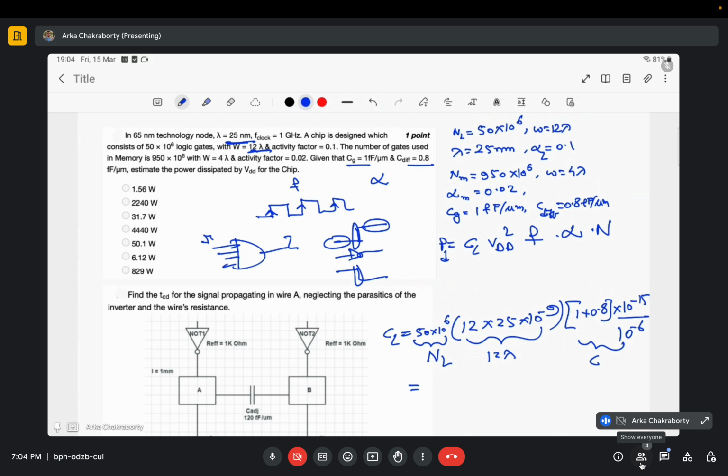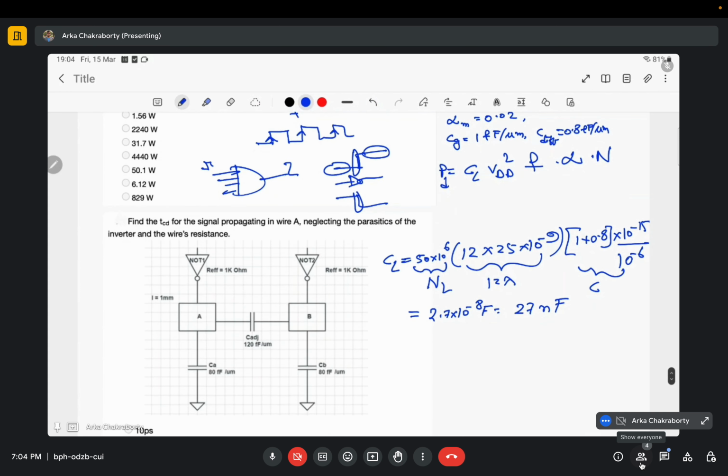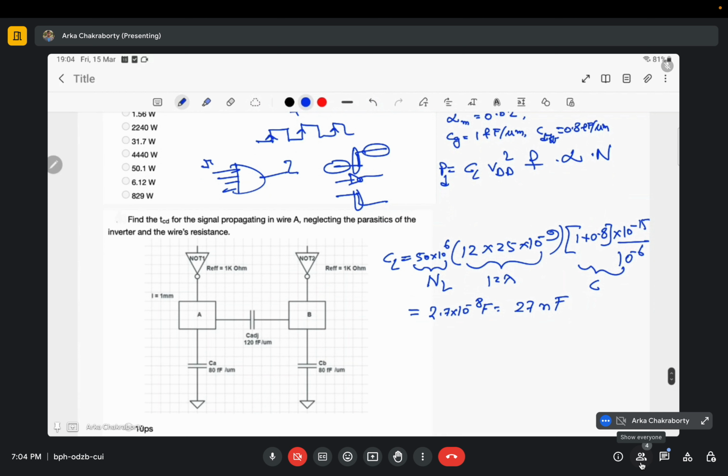So it is coming as 2.7 into 10 to the power minus 8, that is 27 nanofarad. So this is my logic gate capacitance.